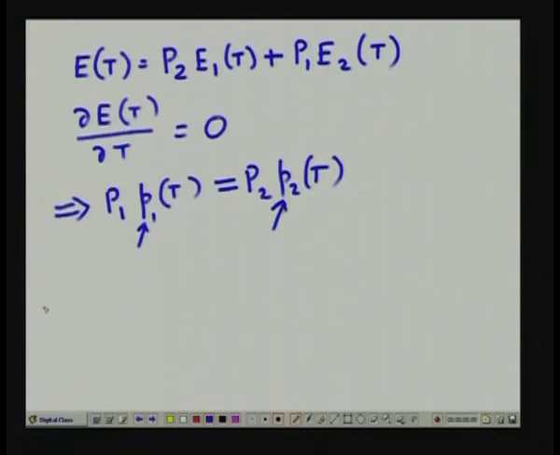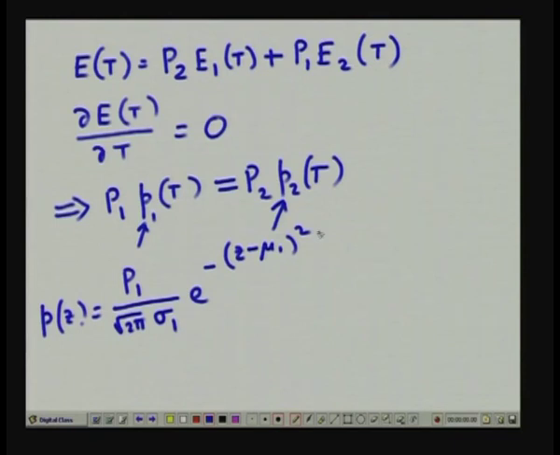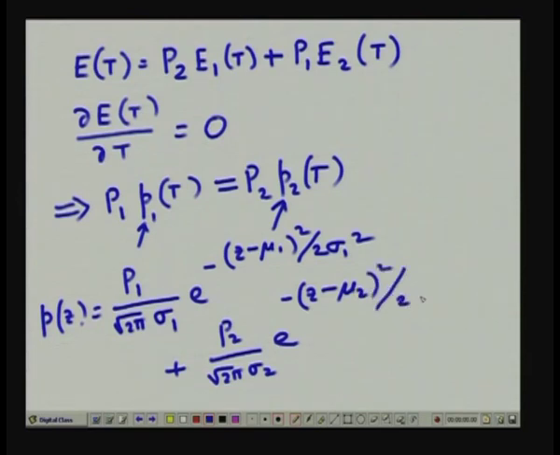So, if I assume the Gaussian probability density function, in that case the overall probability p z is represented by capital P 1 divided by square root of 2 pi sigma 1 e to the power minus z minus mu 1 square by 2 sigma 1 square plus capital P 2 by square root of 2 pi sigma 2 e to the power minus z minus mu 2 square by 2 sigma 2 square, where mu 1 is the average intensity value of the background region and mu 2 is the average intensity value of the object region.